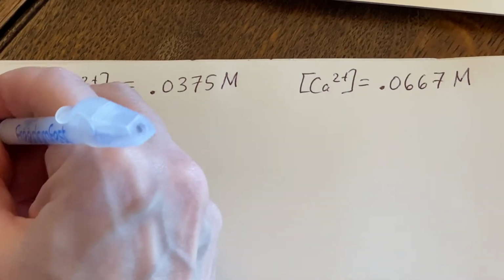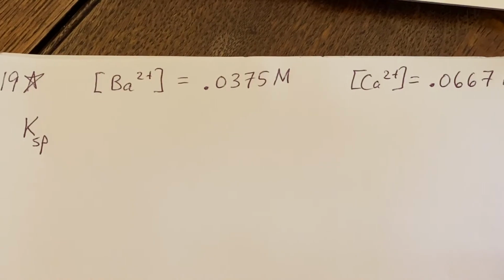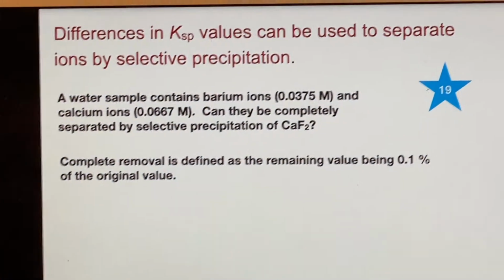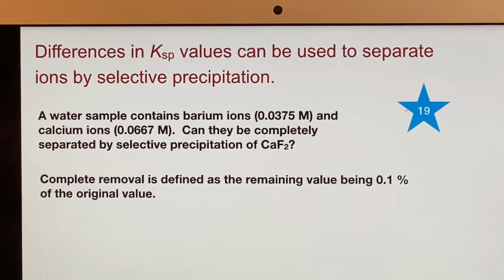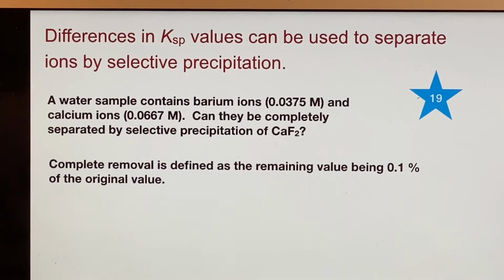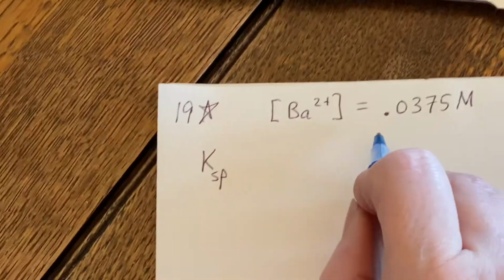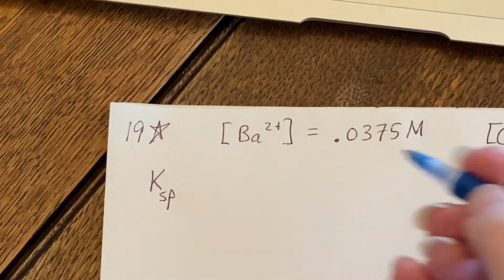If we go look up the KSP, well, they say you're going to be doing this by precipitating calcium fluoride, so we must be adding fluoride ions to this. So I'm going to want to look up the KSP for the barium fluoride, which would be the other thing that could conceivably form when I throw all these fluoride ions in there.